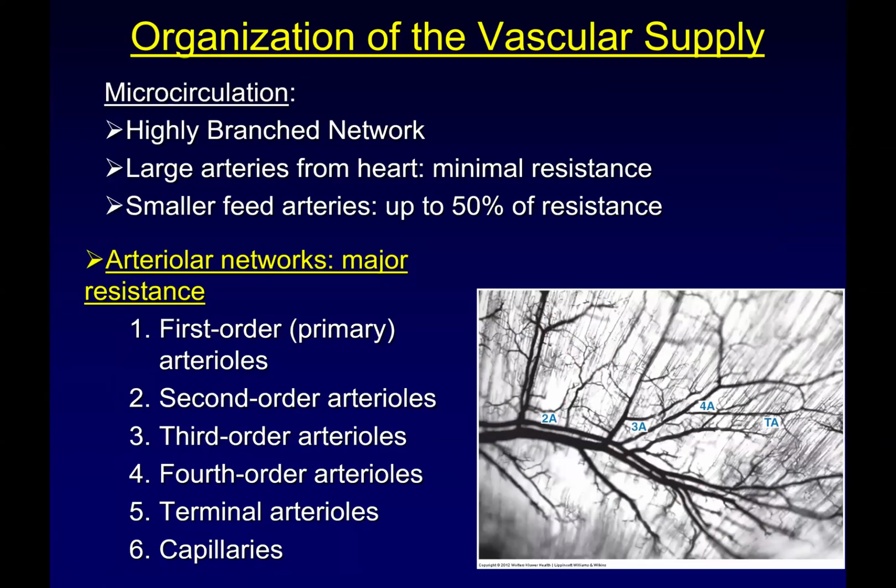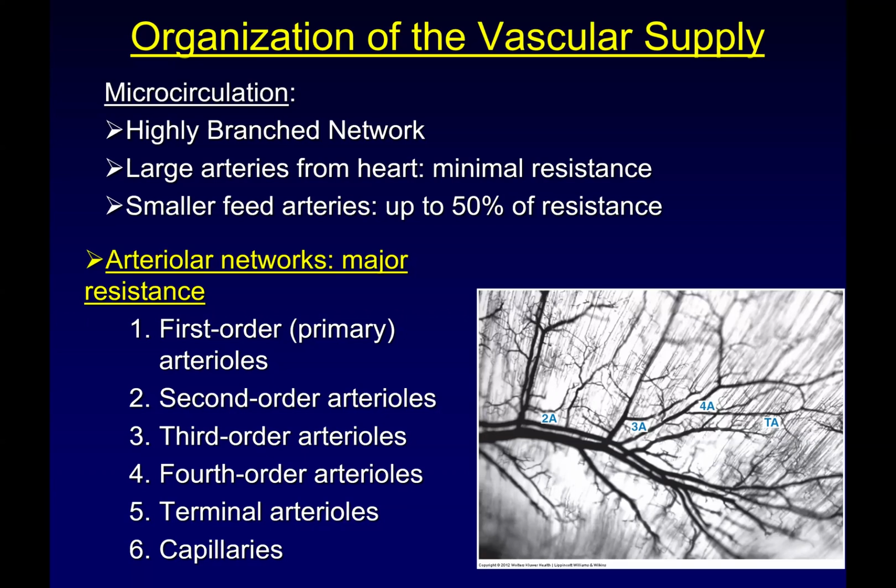Okay, so that's the importance and the things you guys will encounter with the vascular system. Okay, so we call things in arterioles and then into capillaries microcirculation. There's microcirculation that goes to every muscle, or microcirculation that goes to, let's just say, your liver or your kidneys or your spleen or someplace like that. These smaller feed arteries, smaller arterioles contain about 50% of our ability to have resistance to blood flow.